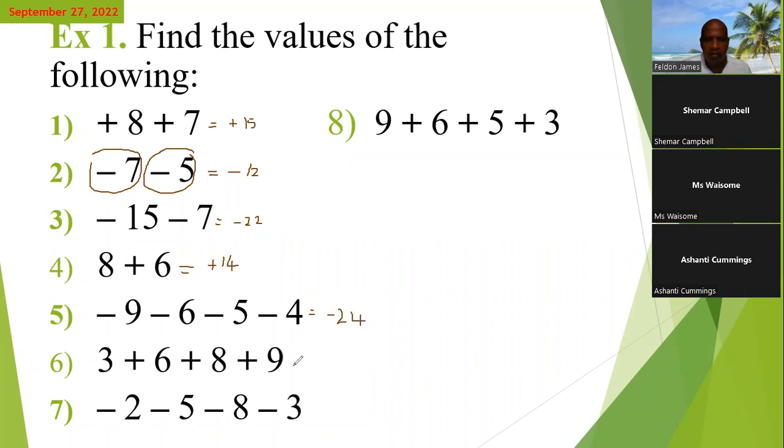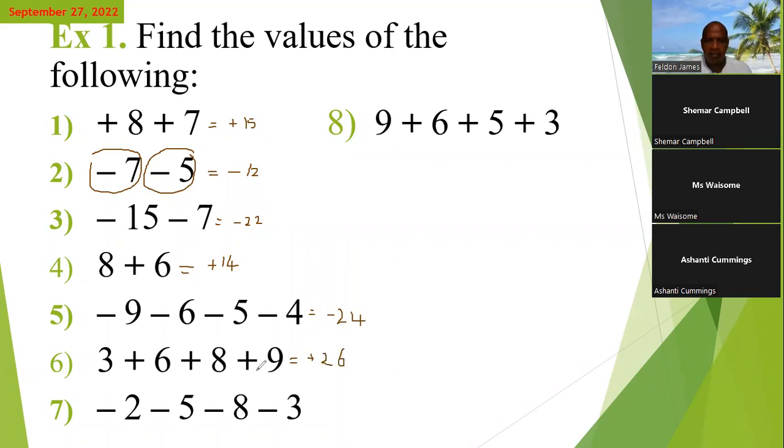What about this one here? Positive 26. Everybody get positive 26? Who is not sure?